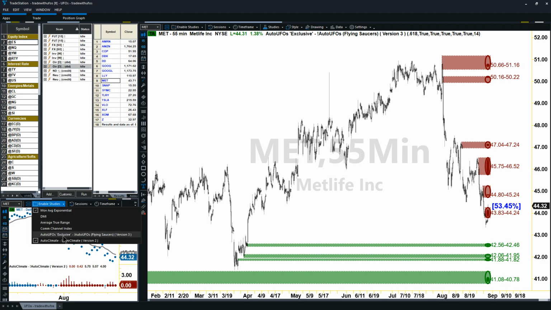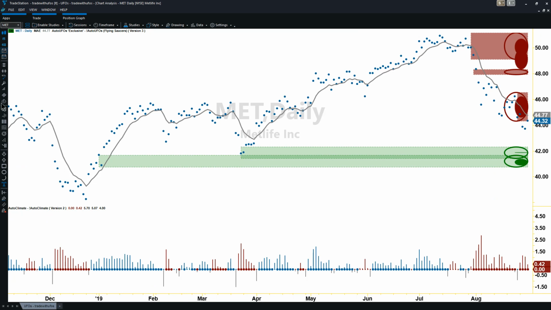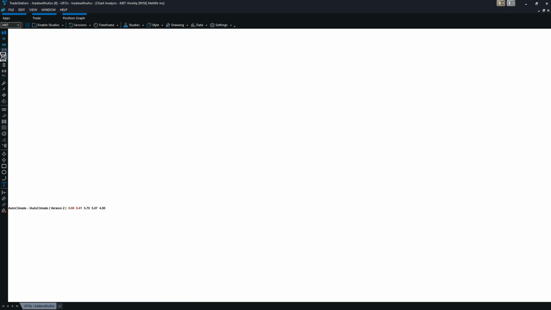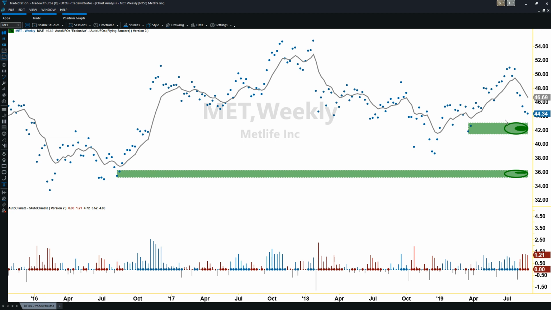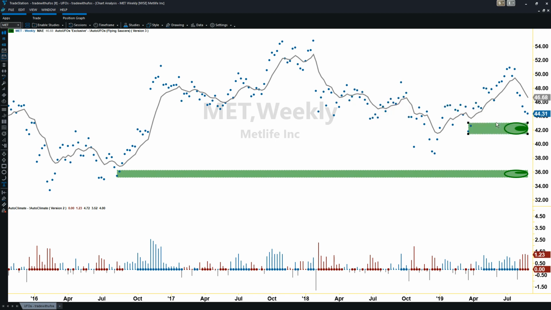So let's look for a target for MedLife using the next common time frame, which is going to be weekly, and that is going to be 43, round number. 43 would be the target. So we are looking at a $1 plus move.